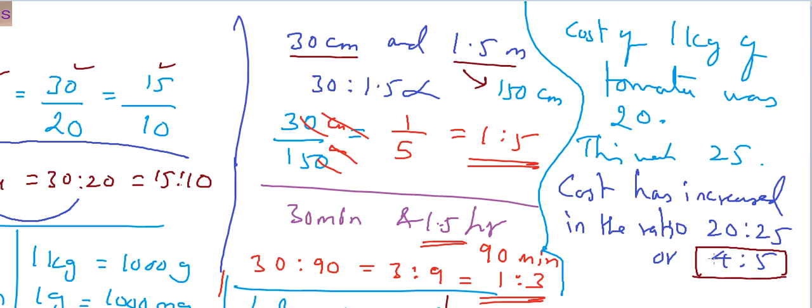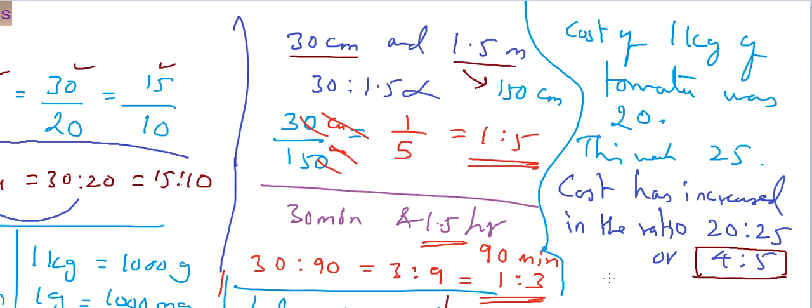Remember, when we say increase, the first one always represents the original price, original value, and the second one the new value. When there's an increase in price, obviously the second term should be greater than the first one, isn't it? Then only there's an increase.